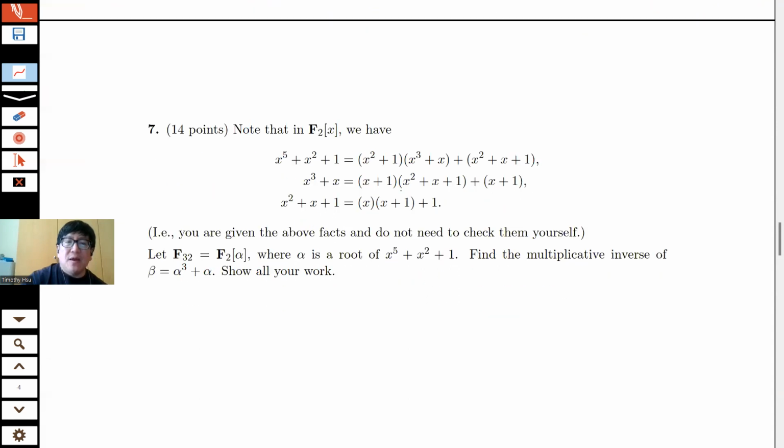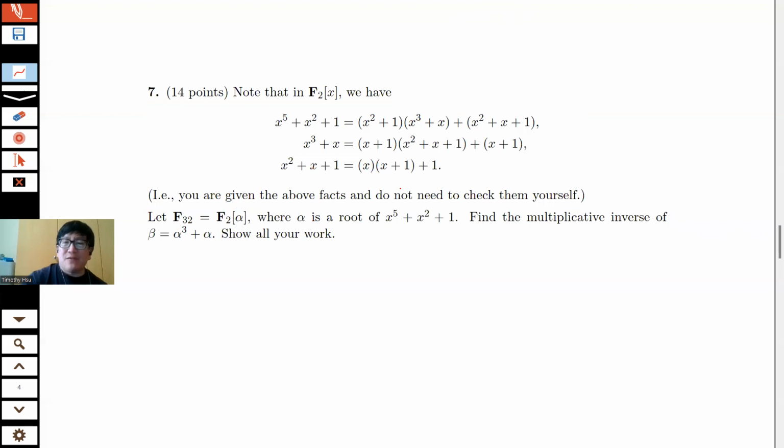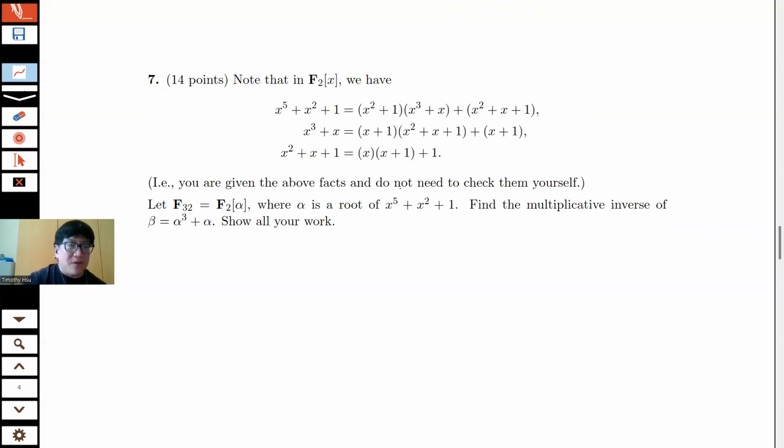Okay, so right. In F2 bracket X, we have these following facts. Okay, so those are given. And so now, oh yeah, so this is right. So we're going to find the inverse of something. And so that's M. So there's M right there. And so beta is alpha cubed plus alpha.